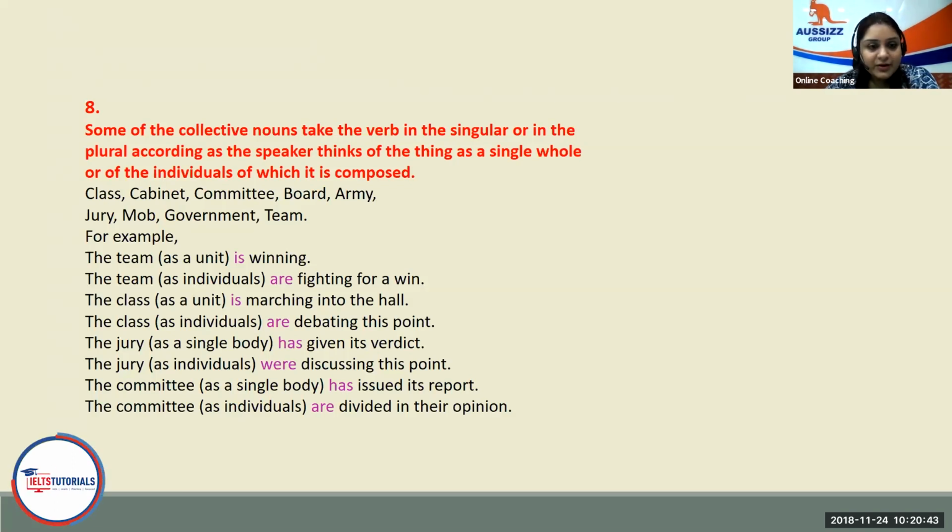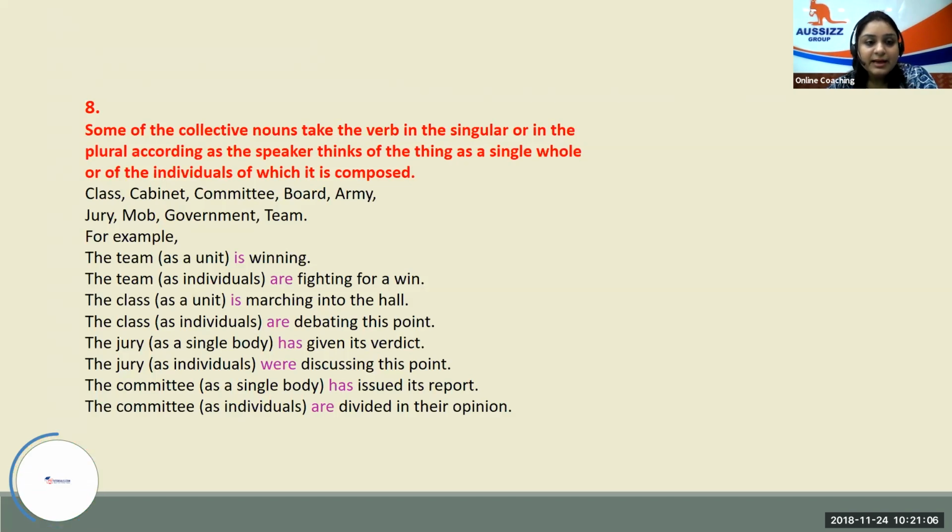But the thing is, where can I use a singular verb and where a plural verb? Right now I'm making you rectify your errors with all such rules. So, the team is winning. Here the team is doing the same function of winning, as a unit. But in the next example, the team dash fighting for a win.